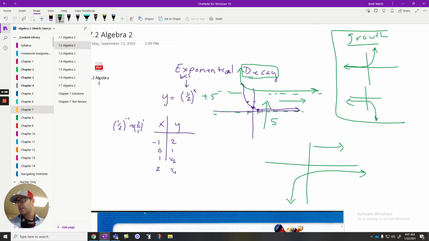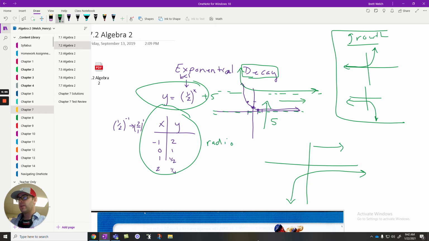Now the application for things like this is all over the place. One of the most common places you'll see this type of model, the half raised to the x, is what's called a radioactive half-life. The reason we care about things like that is everything from nuclear power production to nuclear waste management. Nuclear power production is so productive and so powerful that it's always going to be part of how we approach energy production.